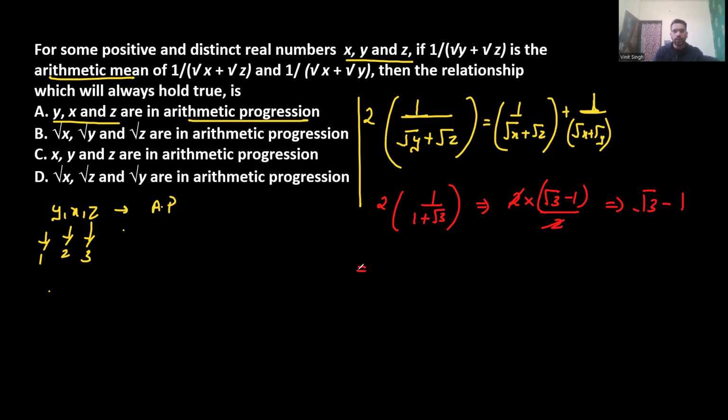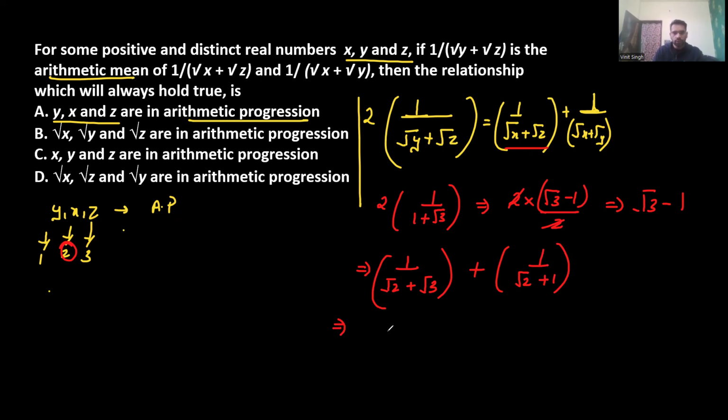Now solve the right hand side: 1 upon root x plus root z, with x as 2 and z as root 3, plus 1 upon root x plus root y, which is root 2 plus 1.